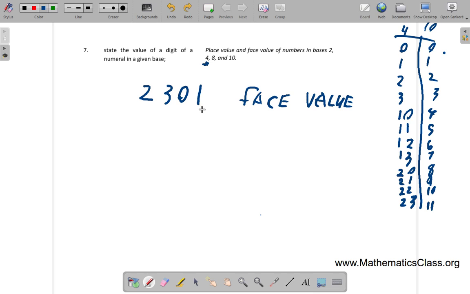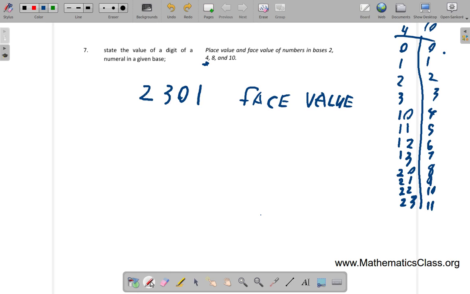The face value, remember, is just the digit itself. Face value of this is 1. Face value of this is 0. Of this is 3, and of this is just 2.